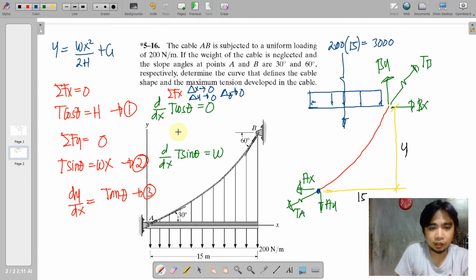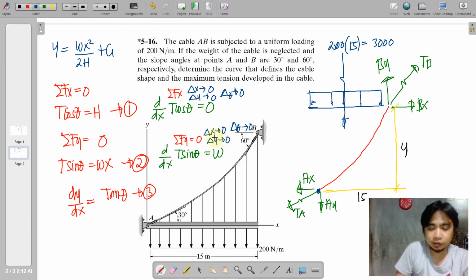The same is true with this one. This came about by applying the equilibrium equation along y, and then applying derivatives where we also apply this limit. So delta x approaches 0, delta y approaches 0, and delta theta approaches 0.